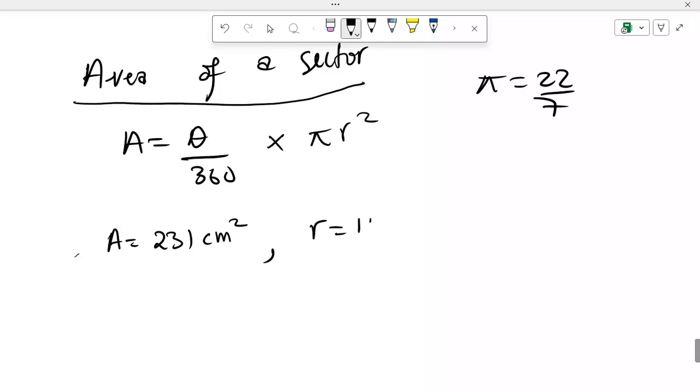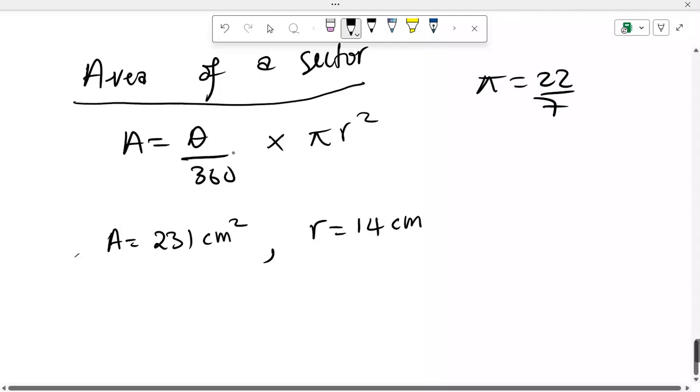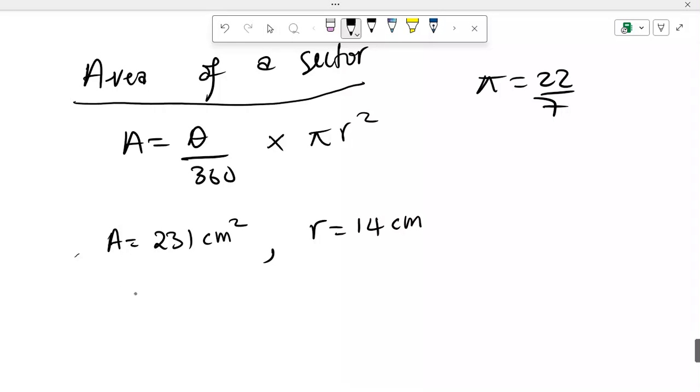Radius is 14 centimeters. We want to find this theta. If you want, you can make theta the subject of the formula for revision. Let's make theta the subject of the formula.